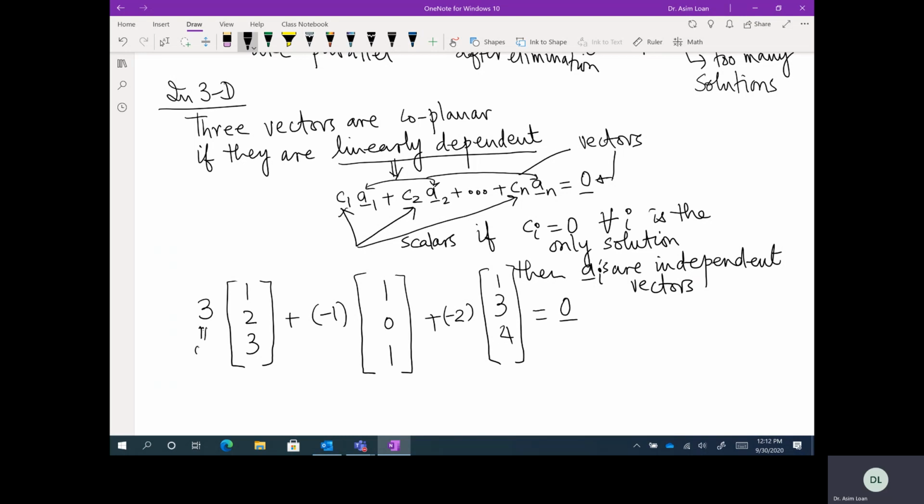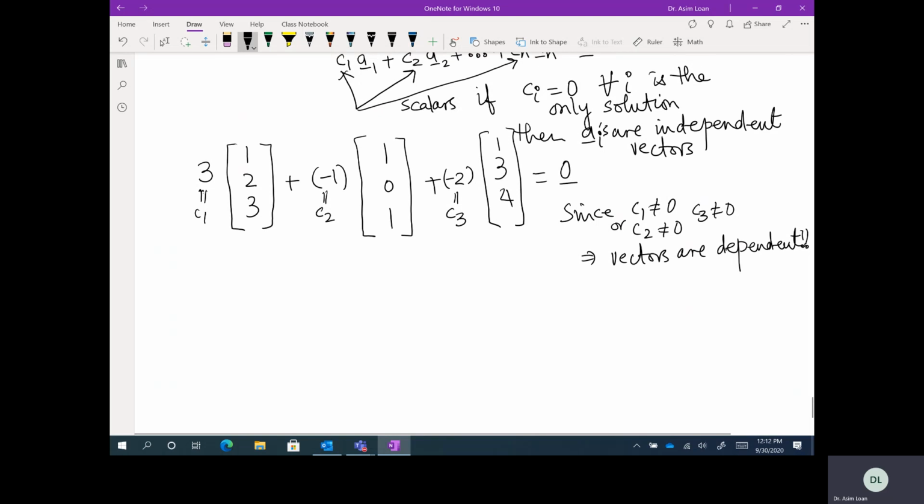So this is C1, this is C2, this is C3. Since C1 is not equal to 0, C2 is not equal to 0, and C3 is not equal to 0, this implies vectors are dependent, and they define a plane. Okay.